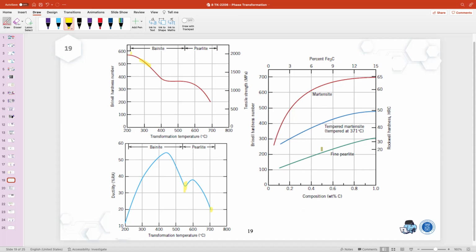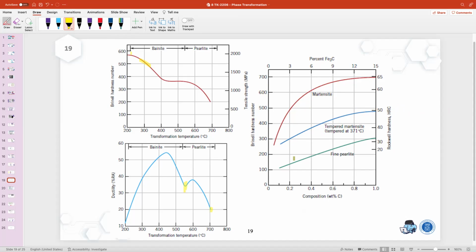And here in this case we can see the composition versus the hardness again, even in Brinell hardness number, or if you want to convert it into Rockwell hardness number. This is the martensite, so the martensite is very hard. And this is the tempered martensite, meaning the martensite which we heat up again at some temperature just to lower the needles, to increase the ductility again.